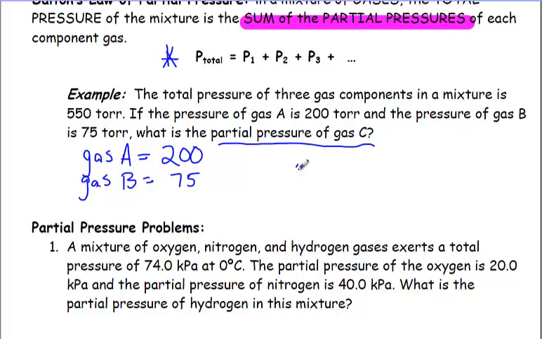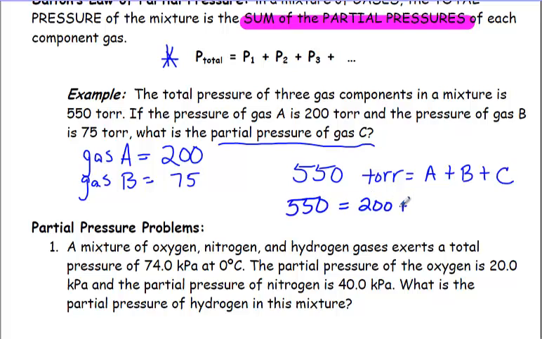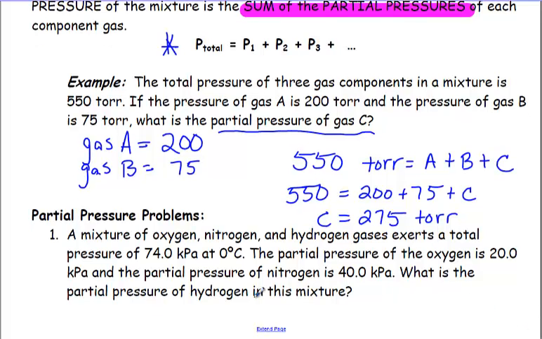Remember, P total is 550 torr, and that's going to equal A plus B plus C. So 550 equals 200 plus 75 plus C, and therefore C is equal to 275 torr. Easy enough? They're going to get a little more difficult as we go.